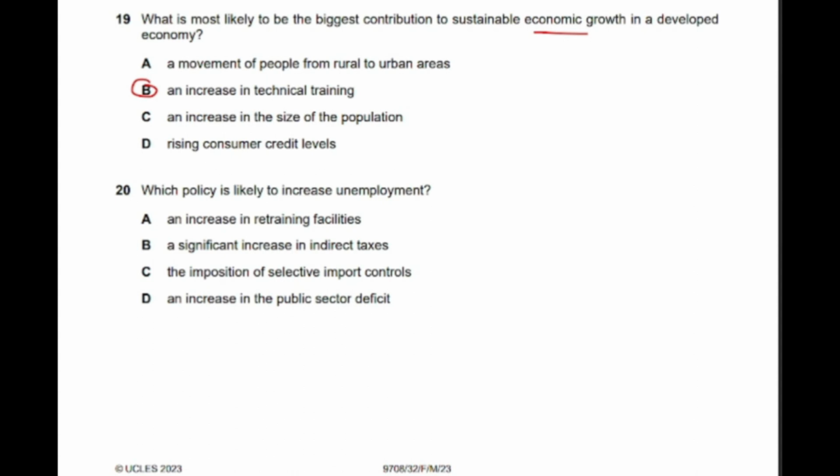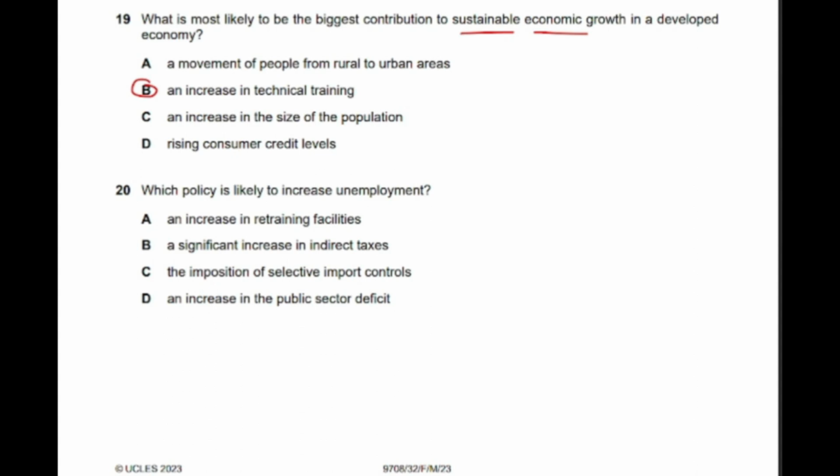So these workers as well as technology will help to reduce waste, and some resources will be saved for the future generations, and sufficient quantity of goods and services will be produced for the current generation. So sustainable economic growth is when you improve the quality of life of the current generation, but not at the cost of future generations. So B option is correct answer.